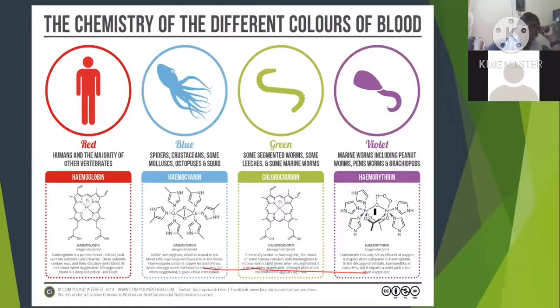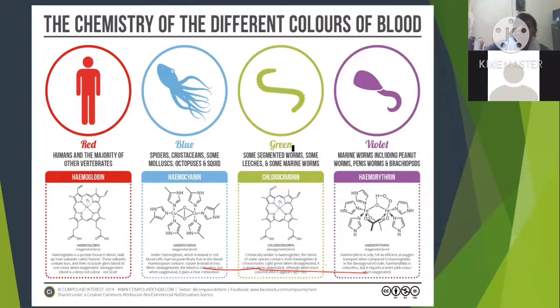So different vertebrates have different colors of their blood, right? That is because humans and the majority of vertebrates have hemoglobin, which is red in color, and some of them also have a blue color. That is because of the presence of hemocyanin.